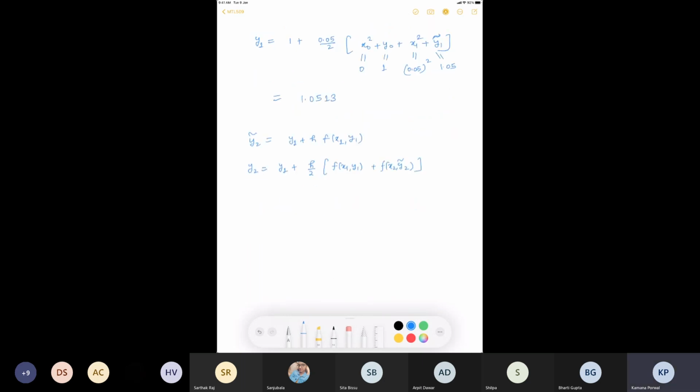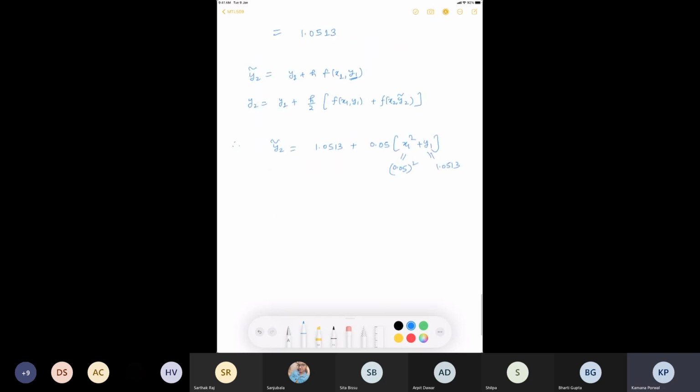We just have to substitute the data because we already know y1. So y2 tilde is y1 plus h, 0.05, times x1 squared plus y1. You substitute here, x1 is 0.05 and y1 is 1.0513. If you simplify this, we get 1.1040.